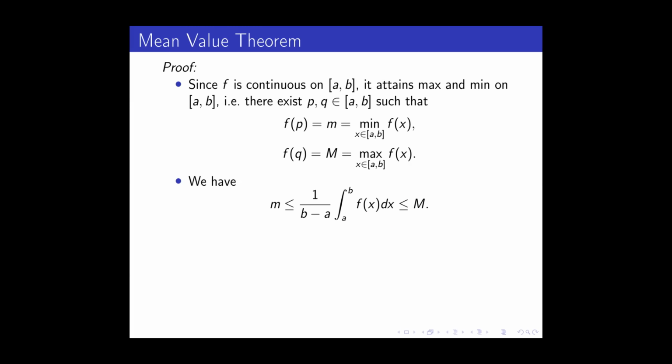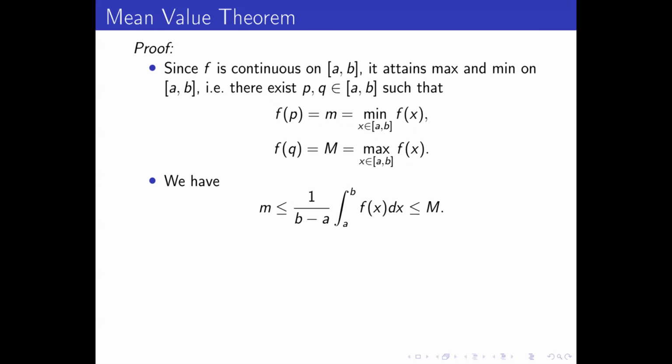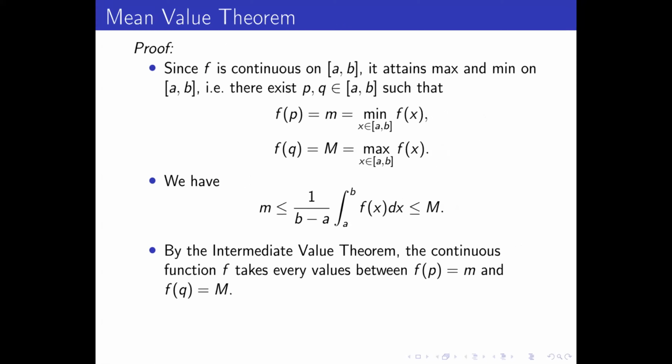Now, to finish, you just need to recall the intermediate value theorem for continuous functions. It said that for any value between the values of f at two endpoints, there's some point in between that attains that value.